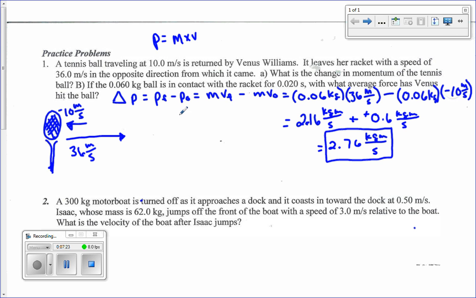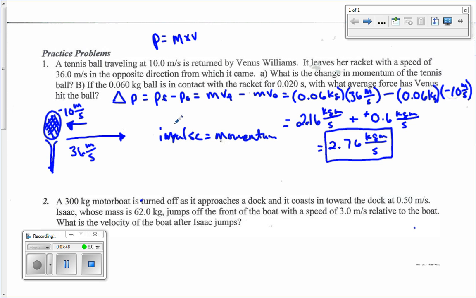Remember, impulse is force times the change in time. And we saw yesterday that impulse is the same thing as momentum. So impulse equals momentum.